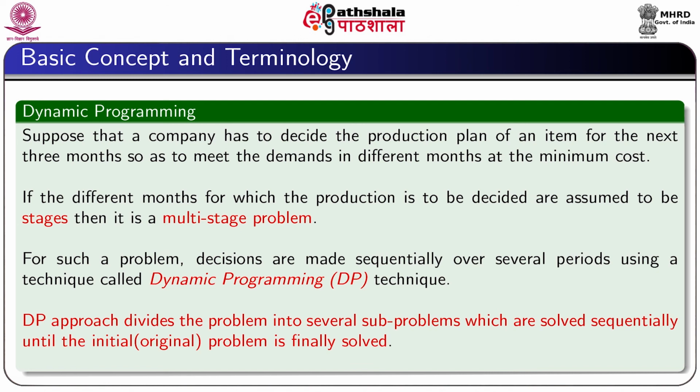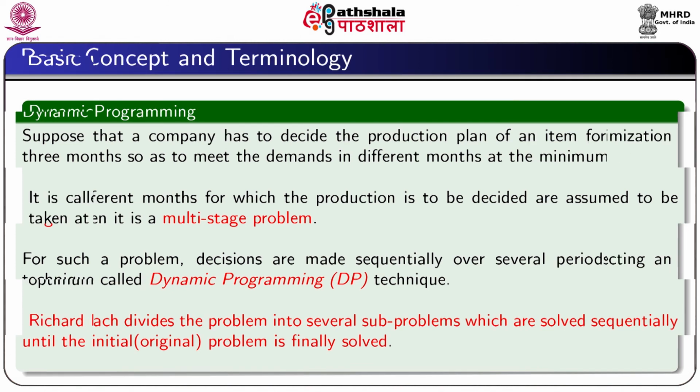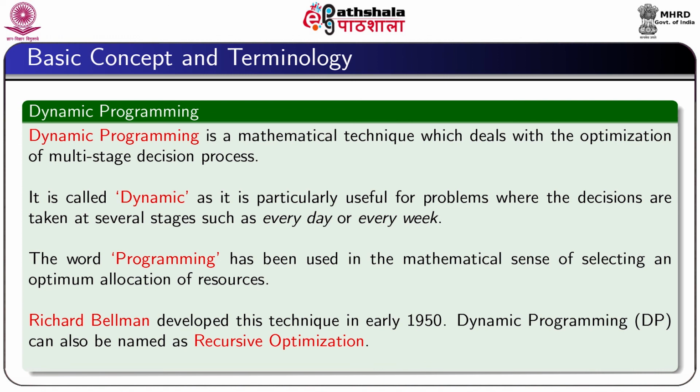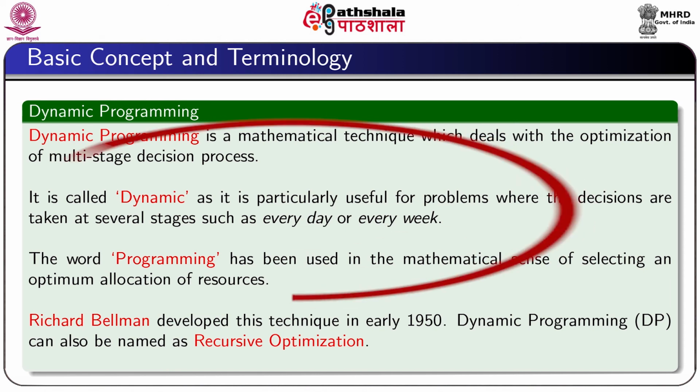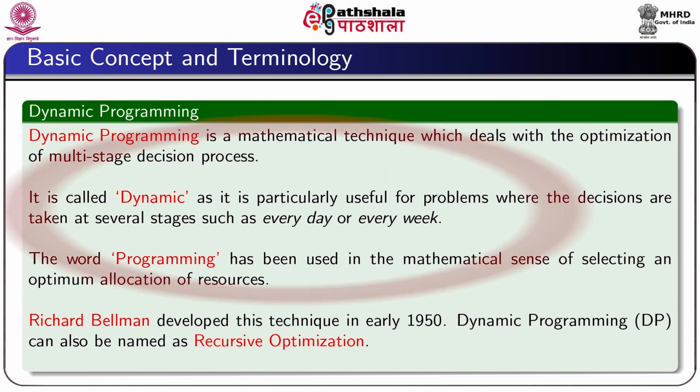The characteristic of dynamic programming model is expressing the decision problem by means of a recursive formulation. Thus, dynamic programming is a mathematical technique dealing with the optimization of multi-stage decision process. It is called dynamic because it is particularly useful for problems where decisions are taken at several stages, such as every day or every week.